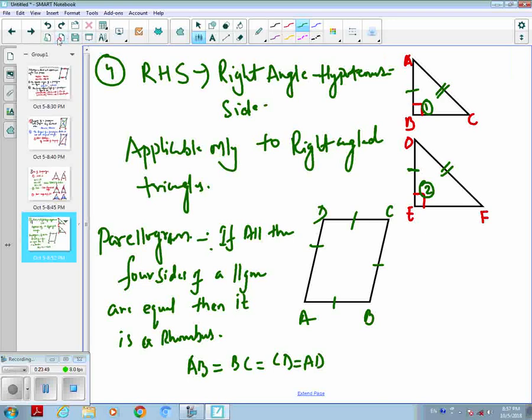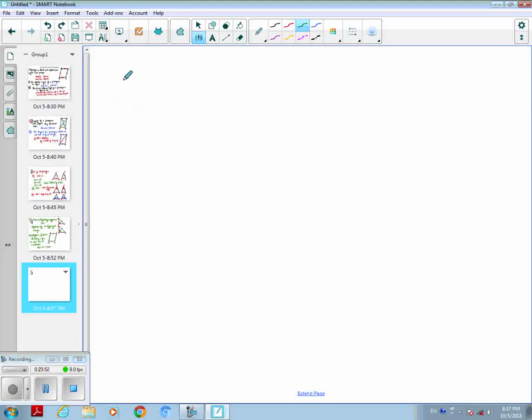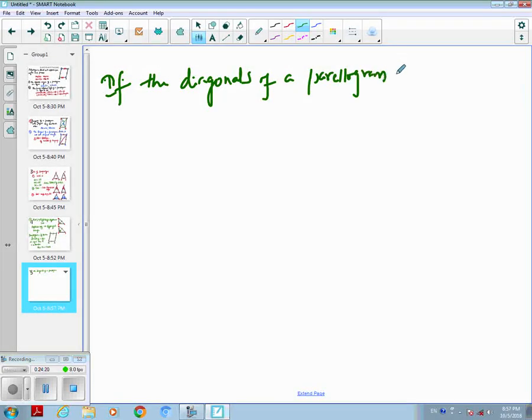Now, coming on to next property. If the diagonals of a parallelogram are equal, then it is a rectangle.